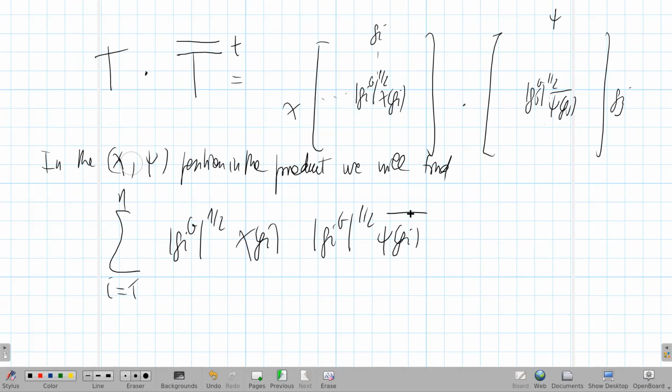Of course, the index has to be the same. And then you see that these two square roots come together. So you get the sum that we already had previously. This is now the full size of the conjugacy class.